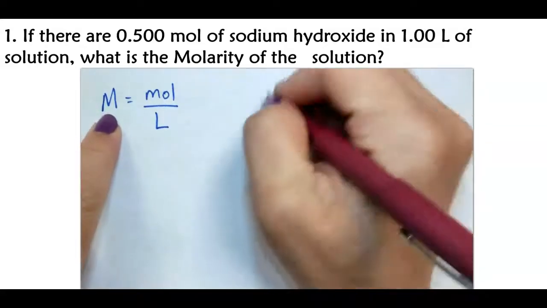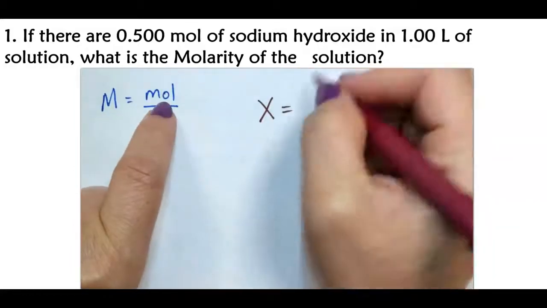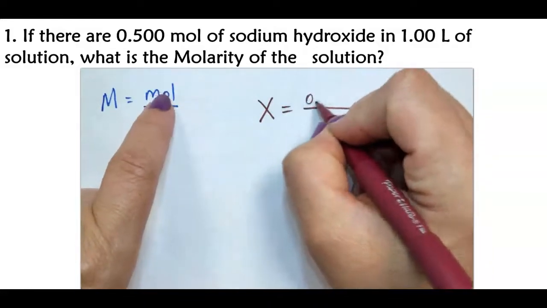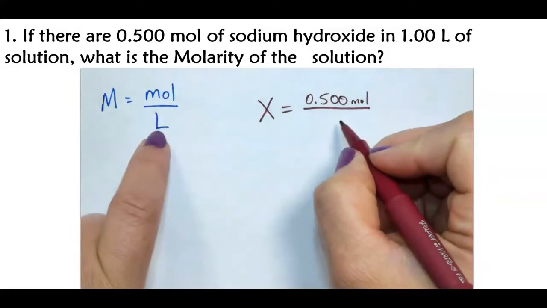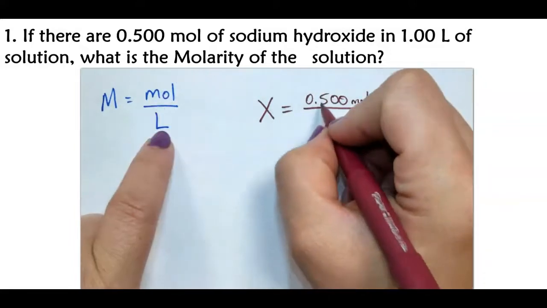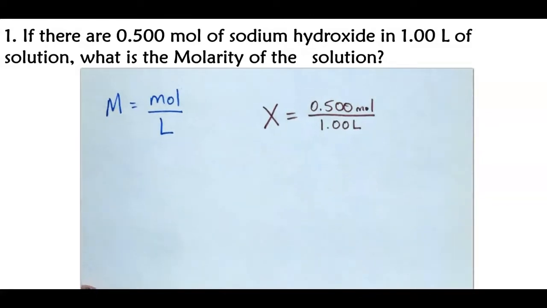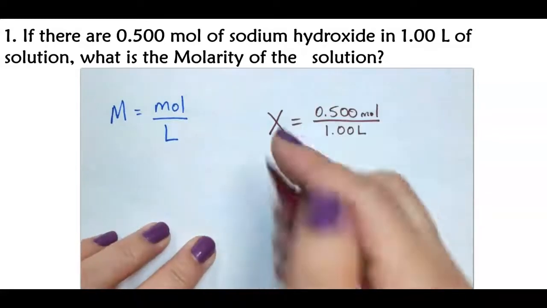So I'm going to call that my X equals, and then they give me the amount in moles. So I'm going to put that at the top here, 0.500 moles. And then they also tell me the amount in liters, so I'll put that at the bottom here, 1.00 liters. And so this becomes a very easy calculation where we take 0.5 divided by 1.00.